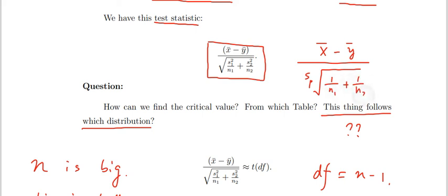So for the t value, we have two formulas. Don't forget which formula to use, because if you use this formula, the degrees of freedom are different.